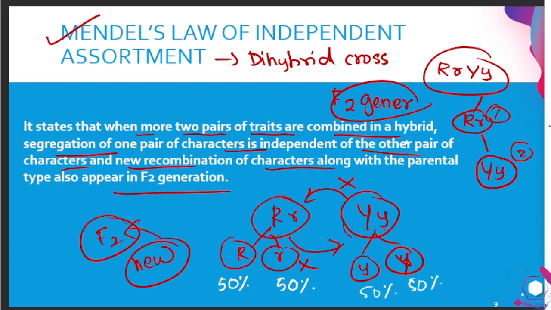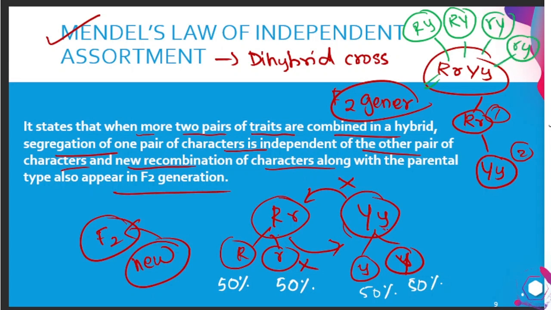And one more thing, you have four types of combinations, right? Here in this case, you have four types of combination. That is capital R capital Y, capital R small y, small r capital Y, small r small y. So you have four types of combinations out of this.